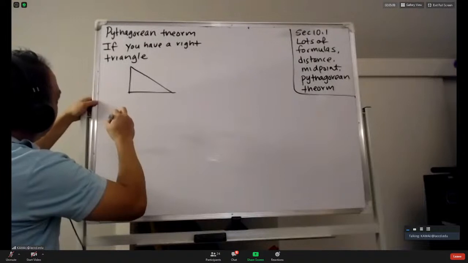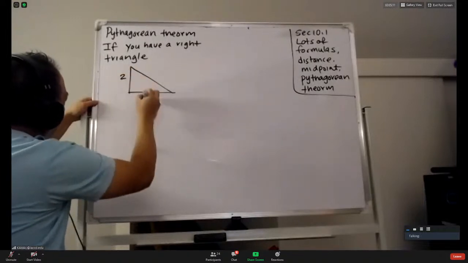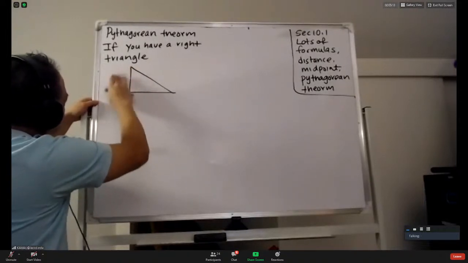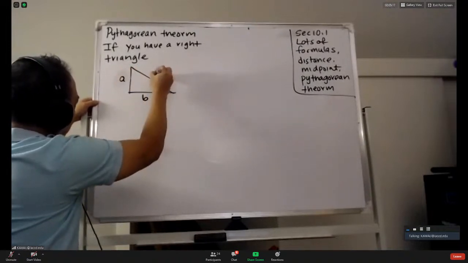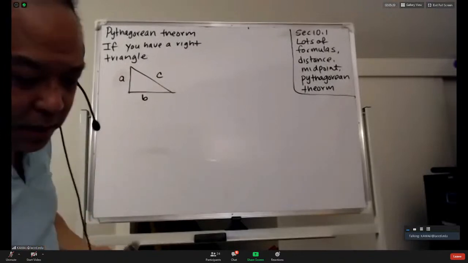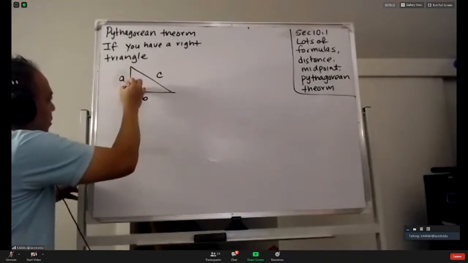So let's say you have a triangle with sides A, B, and C. Okay. So a right angle is 90 degrees.